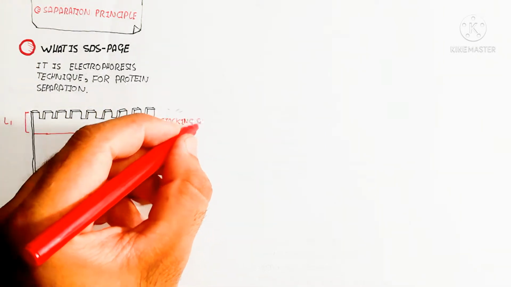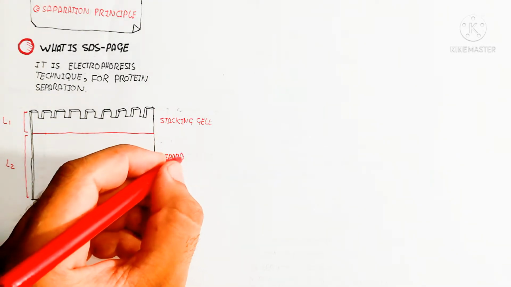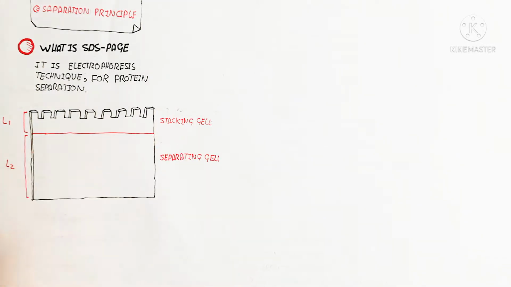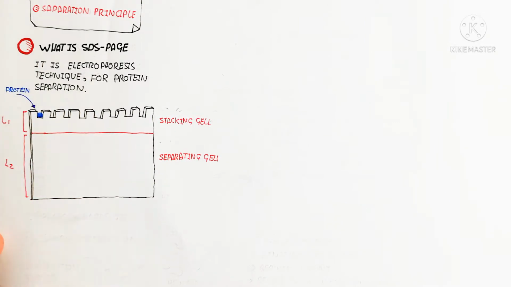Here is layer 1 and here is layer 2. Layer 1 is a stacking gel, which is used for the stacking of the protein, while the separating gel is used for the separation of the protein segments.